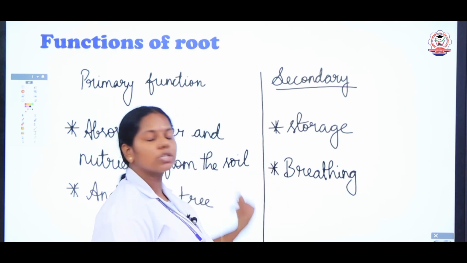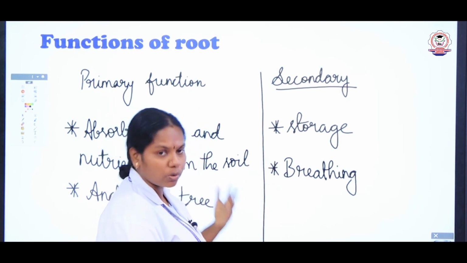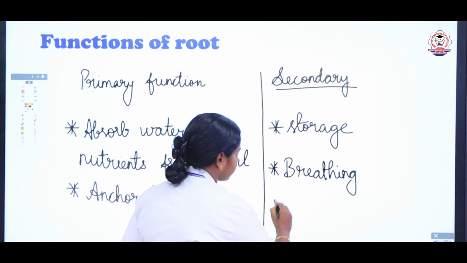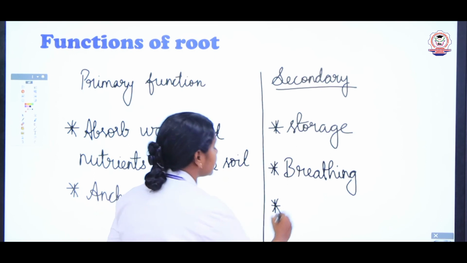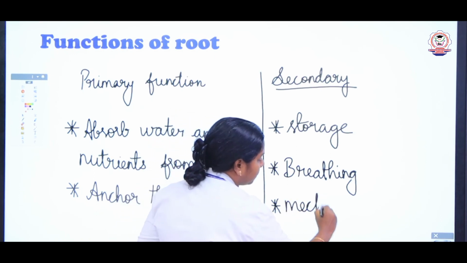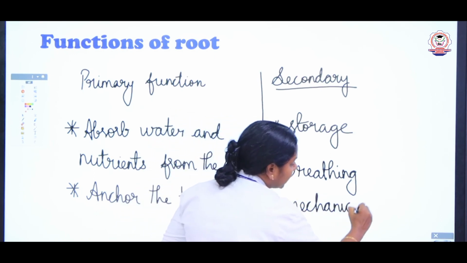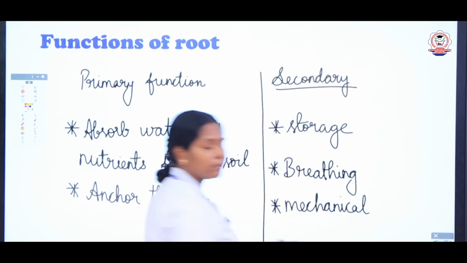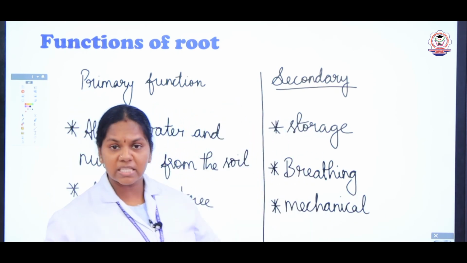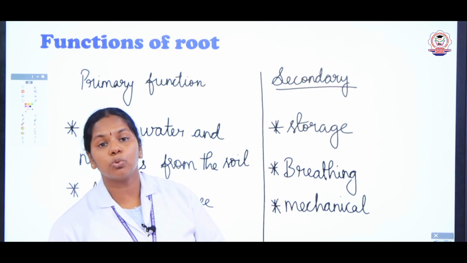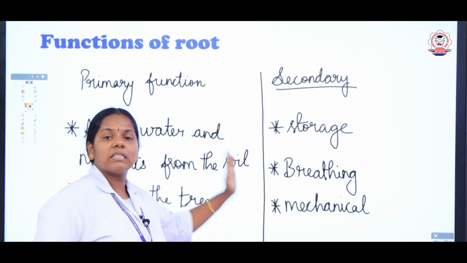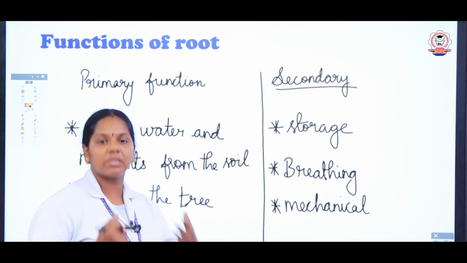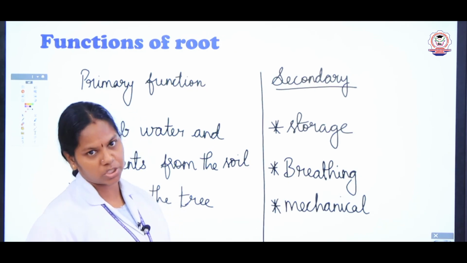Apart from storage and breathing, roots also give mechanical support. Have you all seen a banyan tree, children? Many roots arise from the branches and give additional support to a huge tree. Let us discuss the secondary functions with examples in the next session.